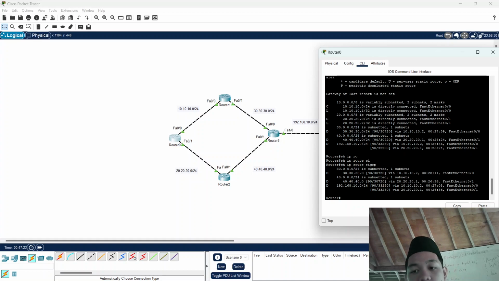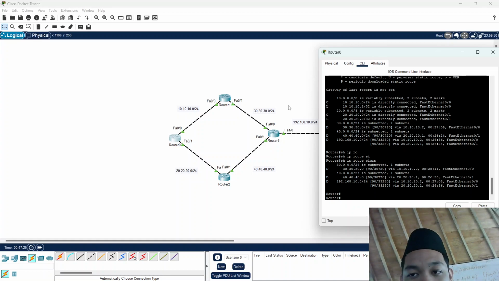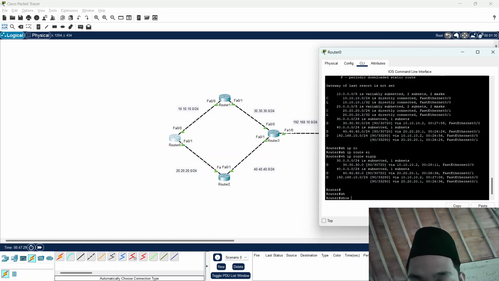First, if you look at router 0, you type show interface FA0/0.